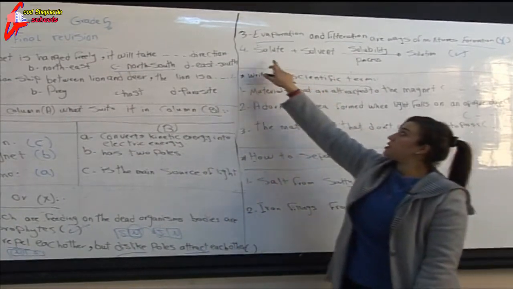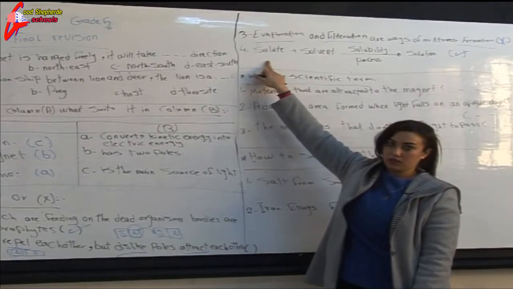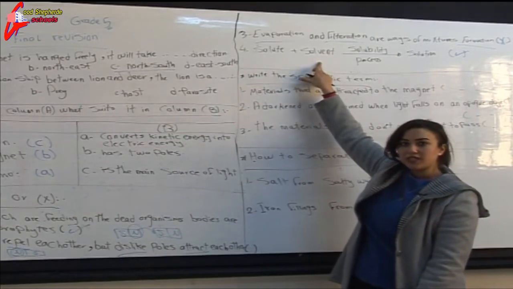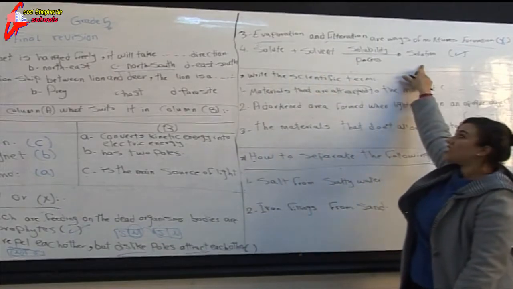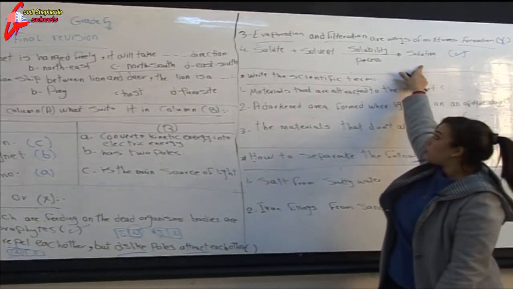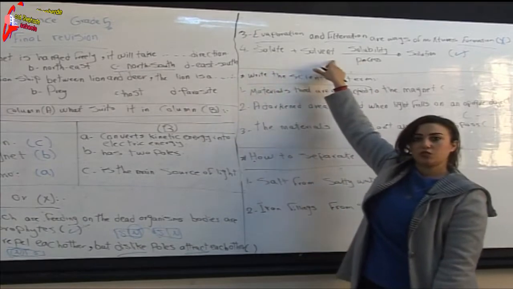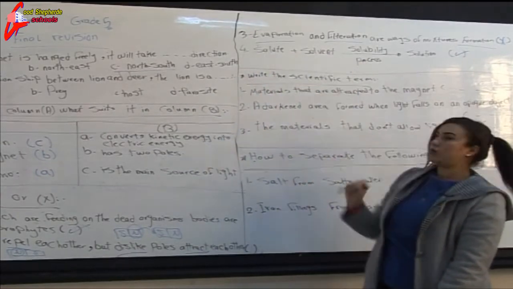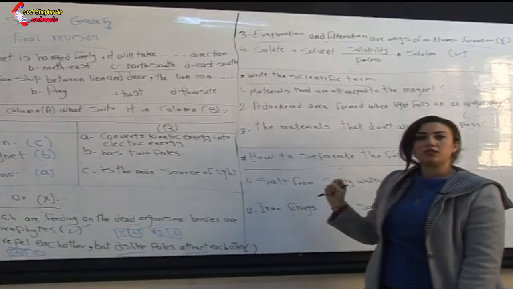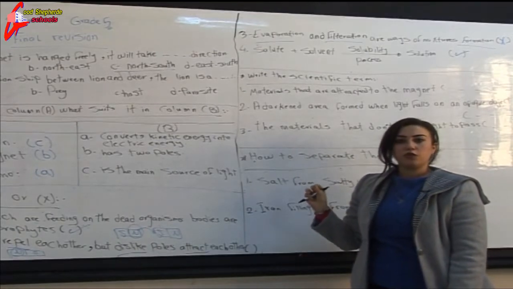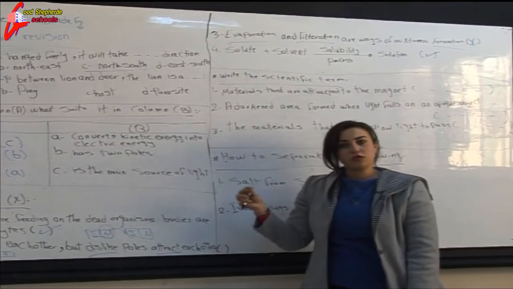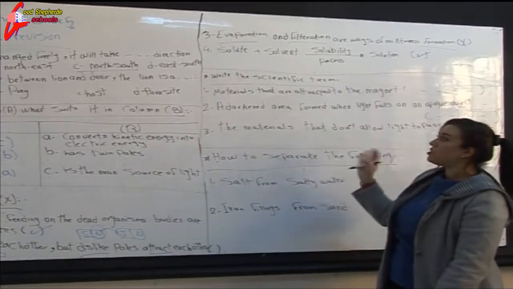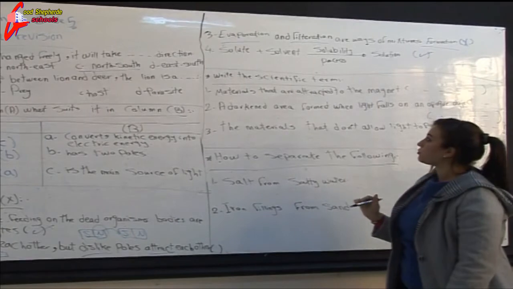The solute is a solid substance, and the solvent is a liquid substance like water. The solubility process is the process in which the solute dissolves in the solvent to form a solution. So the answer is right.